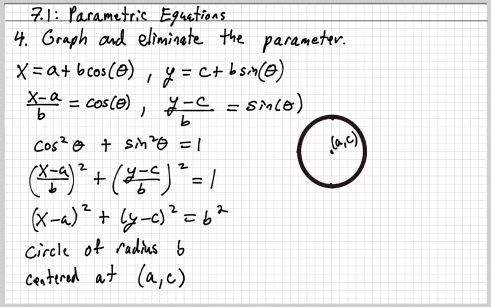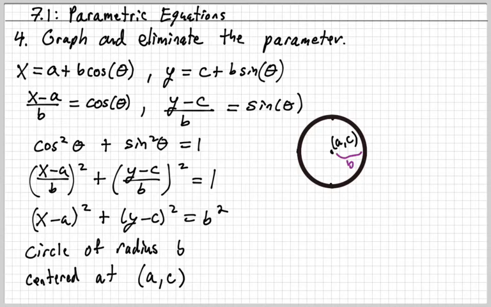Alright, so here's our center of (a, c), and then our radius of b. If theta is equal to 0, then the sine of 0 would be 0, and so we would have our y-coordinate at c, and the cosine of theta would be 1, so you'd have a plus b, so this over here would be a length of b. Okay.